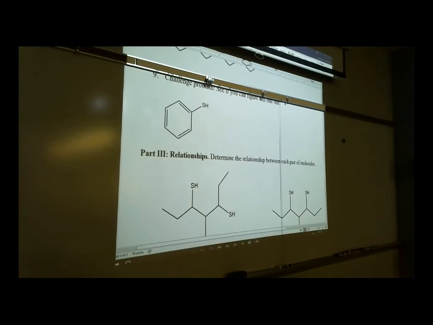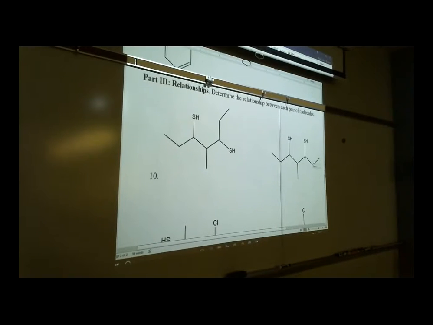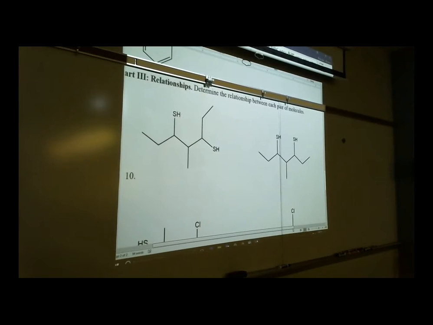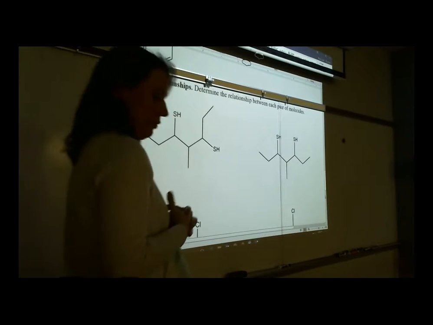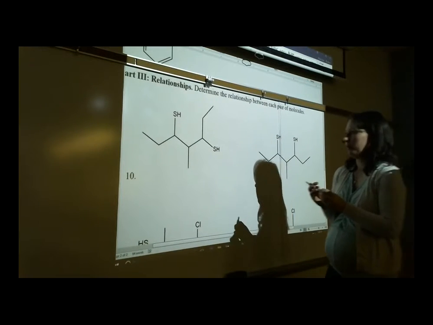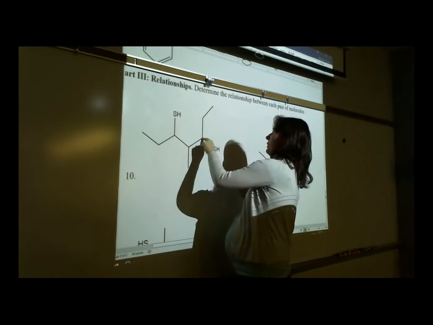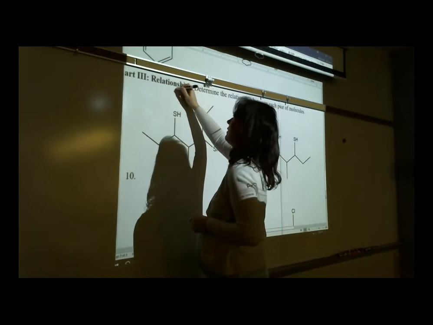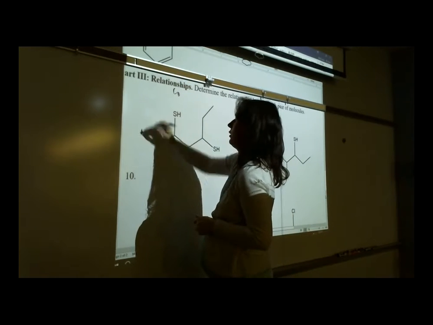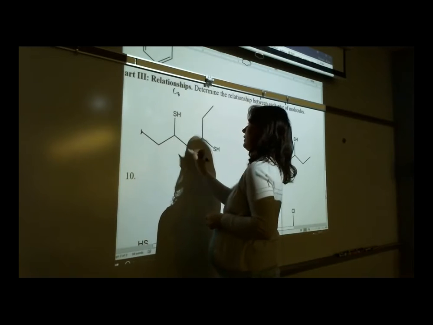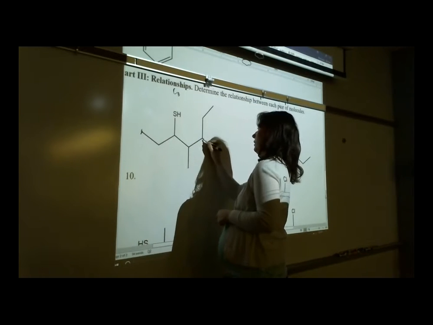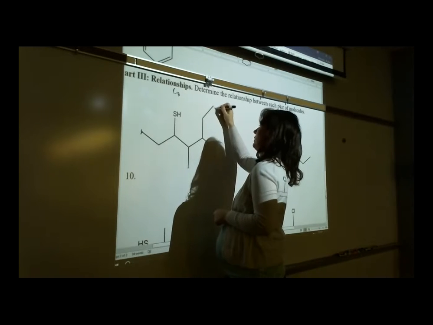Okay, and then the last problems dealt with relationships, deciding if they were the same molecule, different molecules, unrelated, or structural isomers. So let's look at these. First, we have to count our carbons, make sure we've got the same number of carbons. 1, 2, 3, 4, 5, 6, 7, 8. So this is C8. 1 through 16.